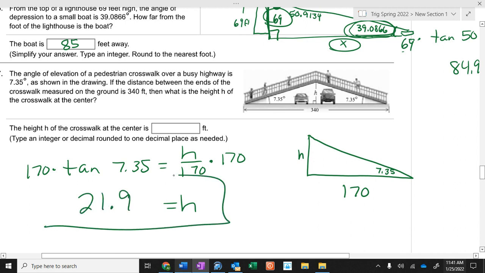So the height of that bridge is 21.9 feet.